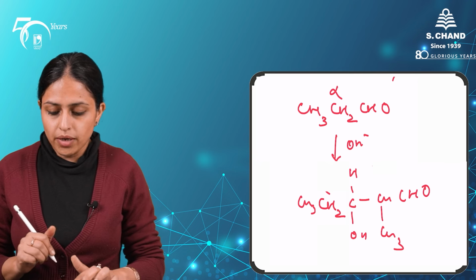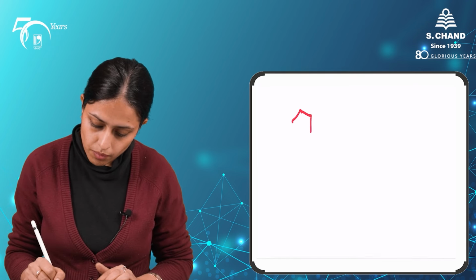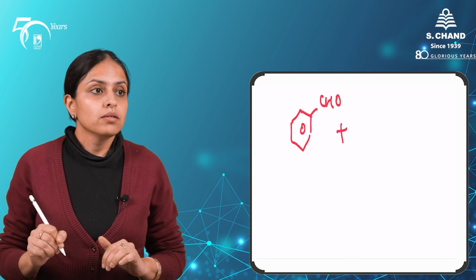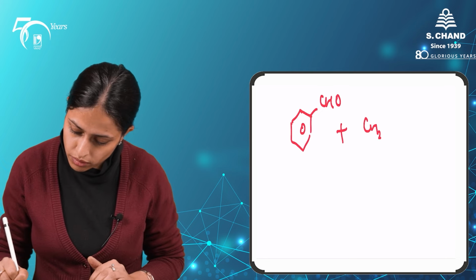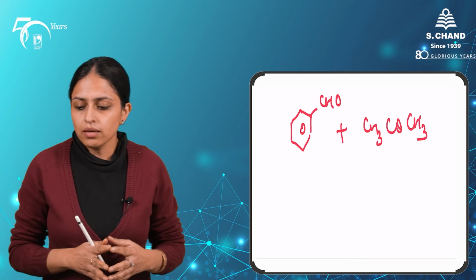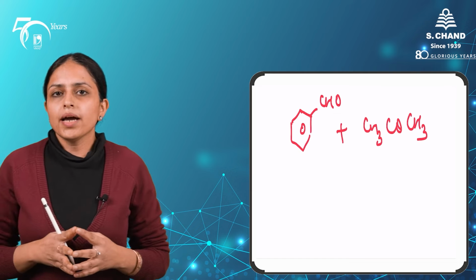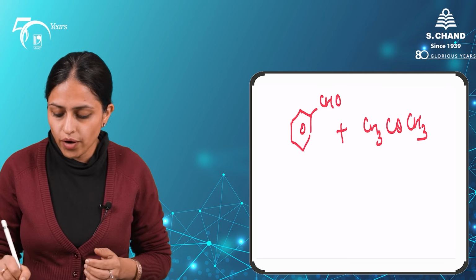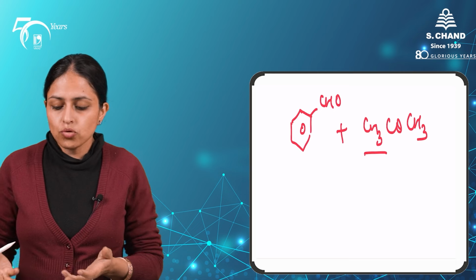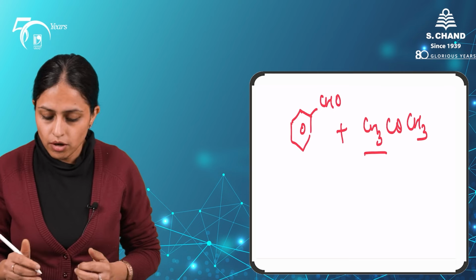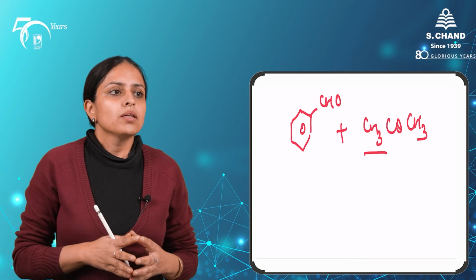But for example, if we have benzaldehyde and acetone, again it's very easy. One of them is benzaldehyde, it has no alpha hydrogen atoms. The other one is acetone. Acetone has alpha hydrogen atoms, both sets of them are the same. So any one set of them can lose an alpha hydrogen and you can get the corresponding product.